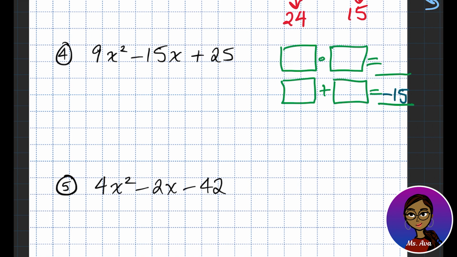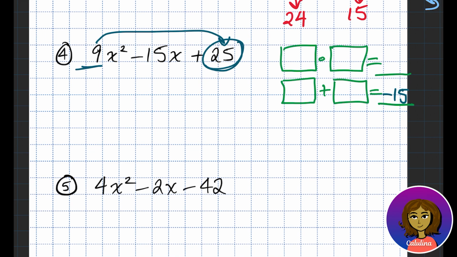And then what about when you're multiplying? So you just do the 9 times 25. Yes. Think about quarters. How many cents would you have if you had 9 quarters? Oh, so that would be 225. Perfect.